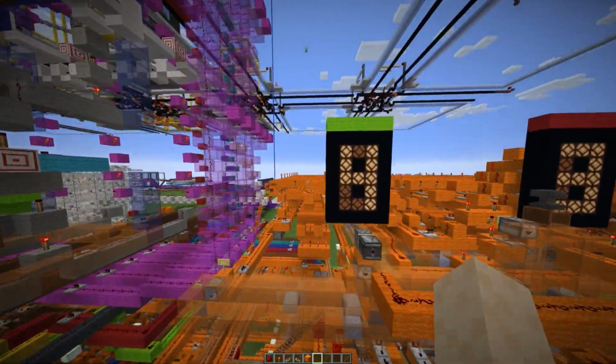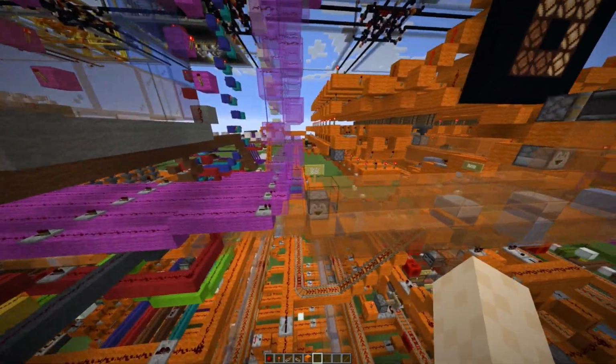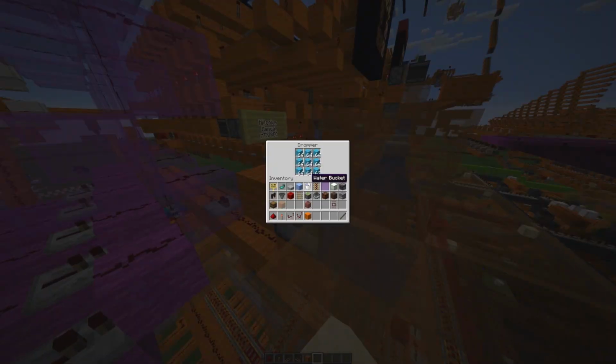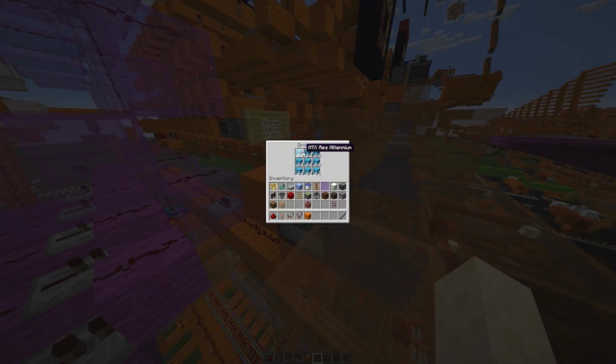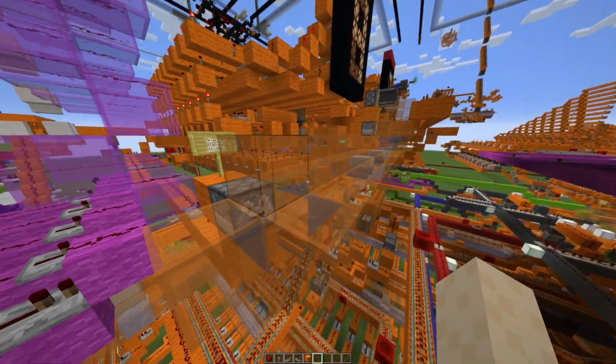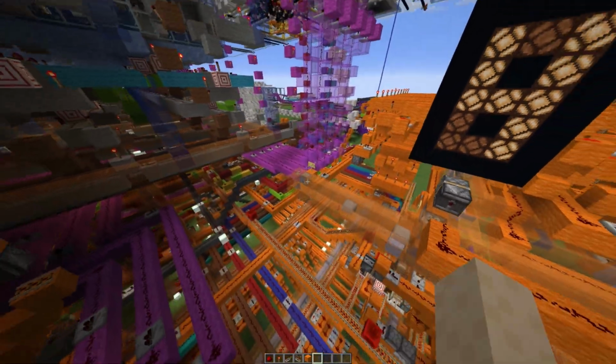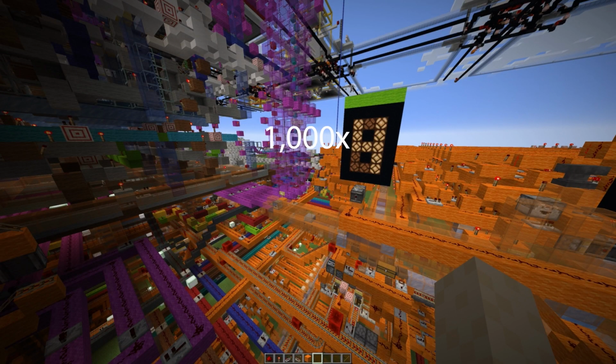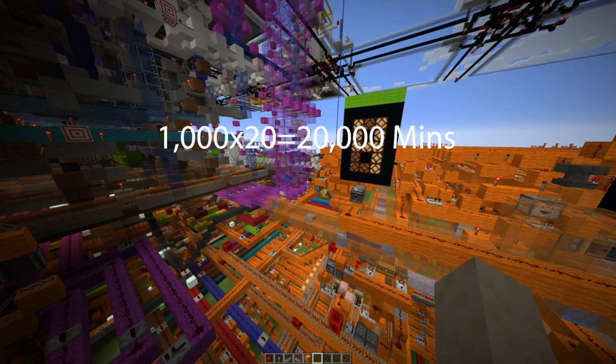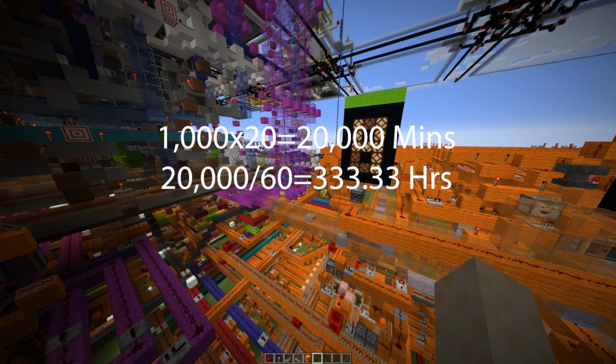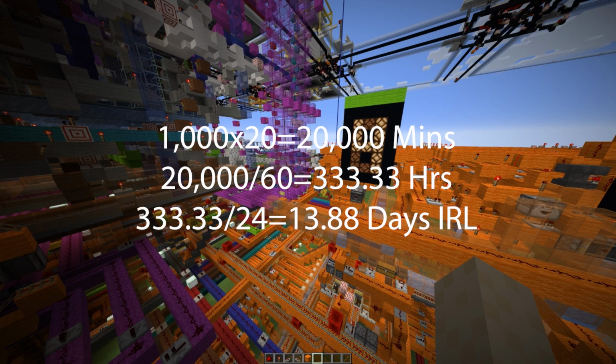However, every time that it will click over here, it will give you the Millennium maintenance request. And that is a very in-depth check, which every 1000 Minecraft days times 20 is 20,000 minutes. Divided by 60 is 333 hours, which divided by 24 is 13.88 days of real life time.